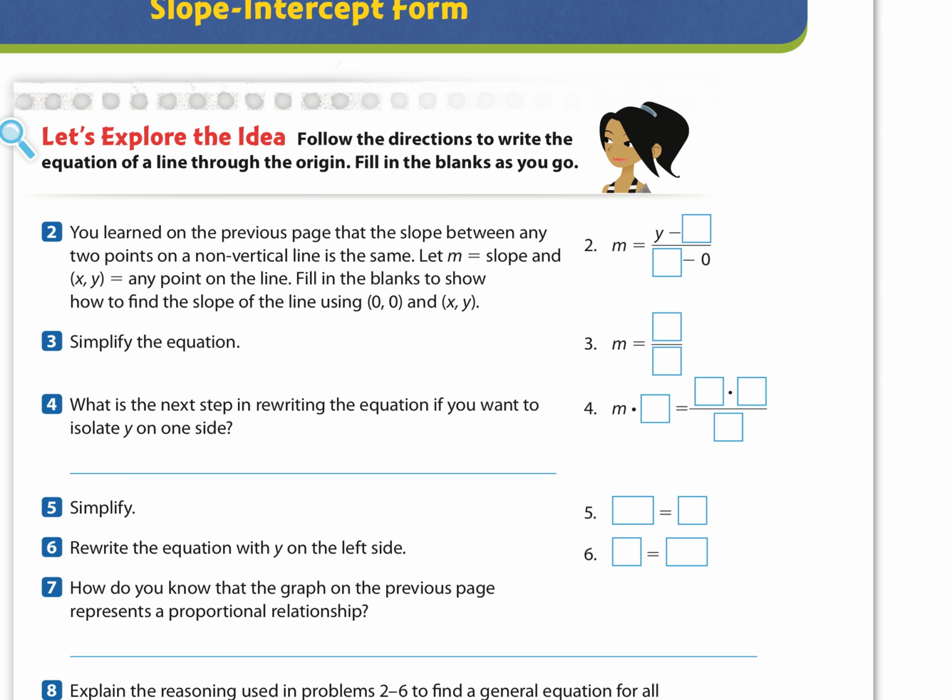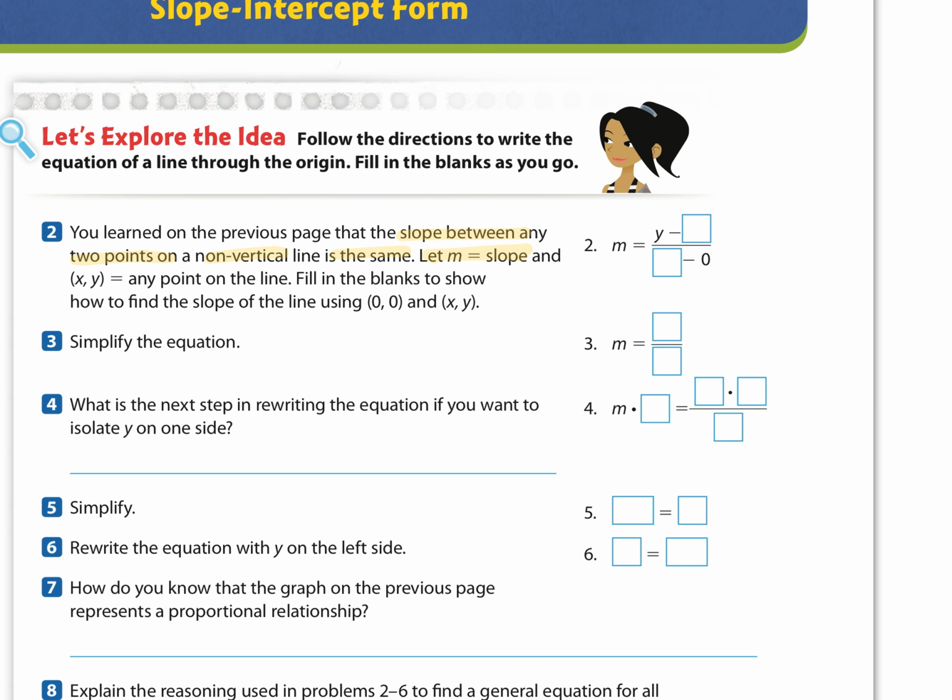Okay, so what do I need to highlight from number 2? Citlali. Okay, we need to highlight that m equals slope. What else? We need to highlight that the slope between any 2 points on a non-vertical line is the same. Remember, a vertical line doesn't have a slope.